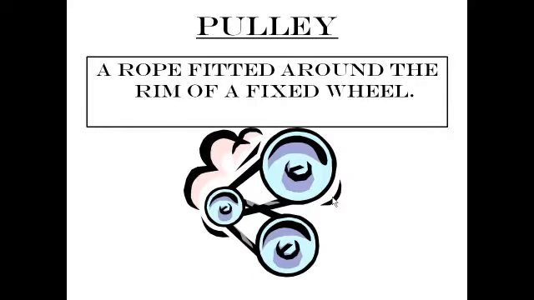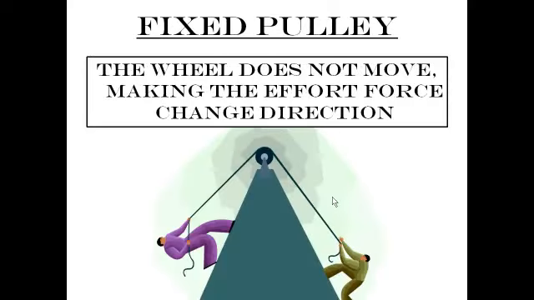A pulley. A rope is fitted around the rim of a fixed wheel. This helps reduce the amount of effort that is needed to move or lift something. A fixed pulley is when the wheel does not move, making the effort force change direction.